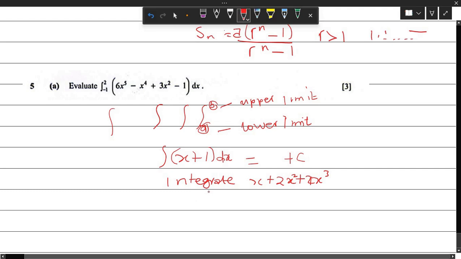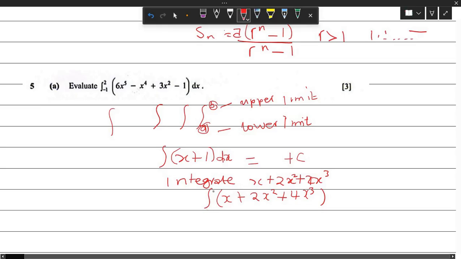So when they write like this, same as when I just write x plus 2x squared plus 4x cubic. So this is the same. When they say integrate this, they mean you do this.